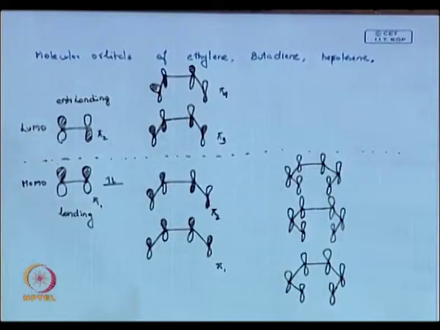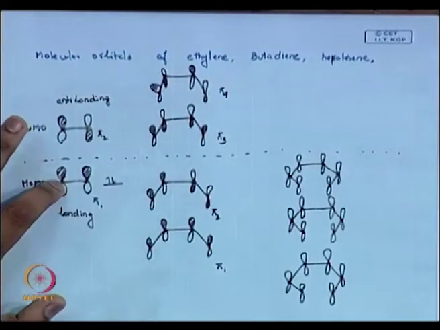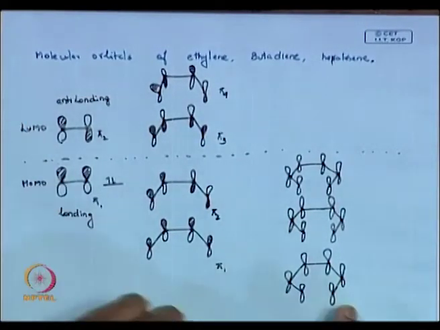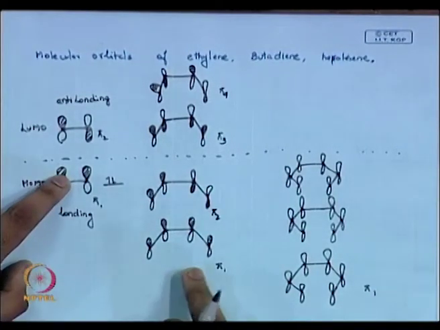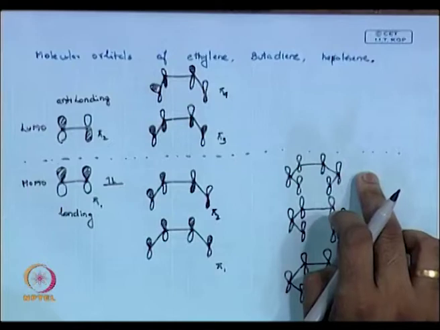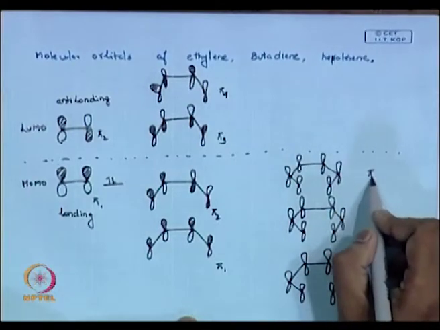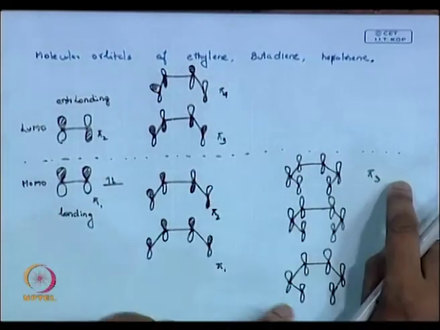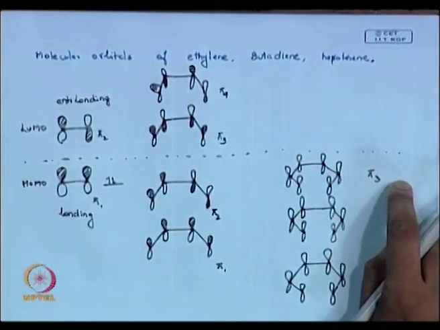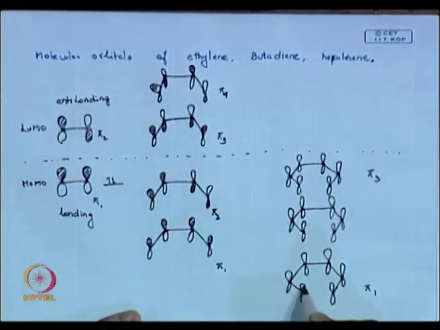So, how you build up this system: you can take this bonding with pi 1, you end up with this one, your pi 1 system. You can take this bonding and do it with your pi 2, you end up with pi 3. You mix these two, you end up with pi 1, you mix these two, you end up with pi 3. That is how you build up.